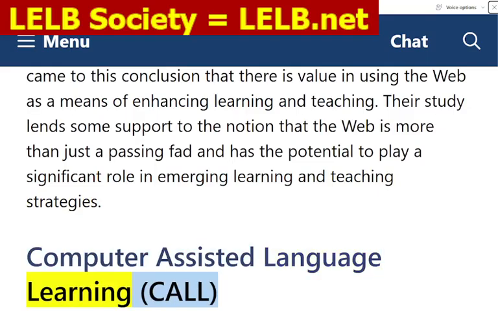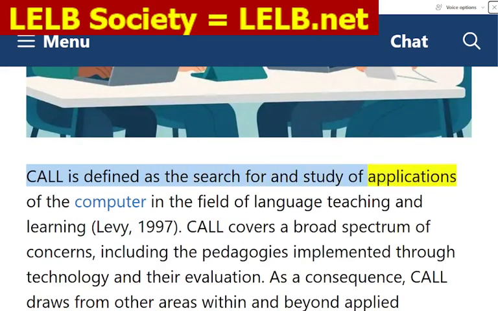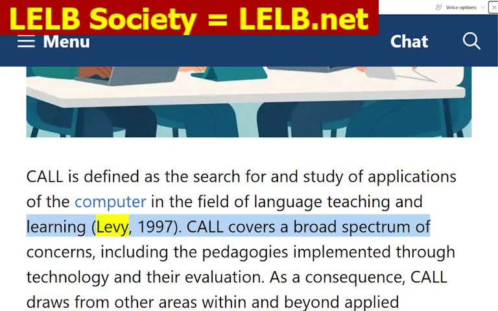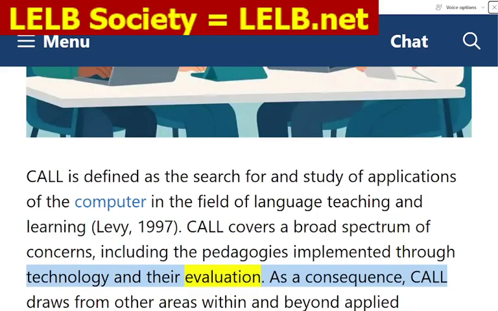Computer-assisted language learning, CALL. CALL is defined as the search for and study of applications of the computer in the field of language teaching and learning, LELB, 1997. CALL covers a broad spectrum of concerns, including the pedagogies implemented through technology and their evaluation.